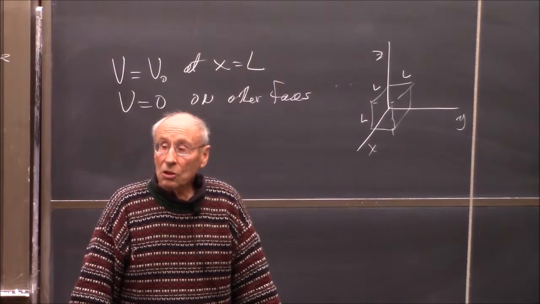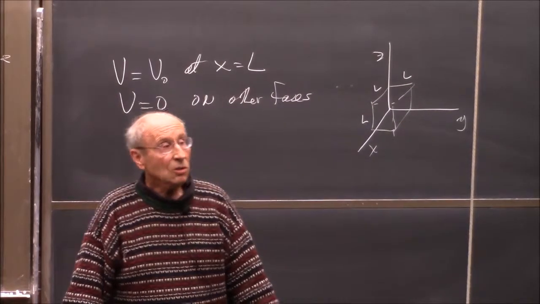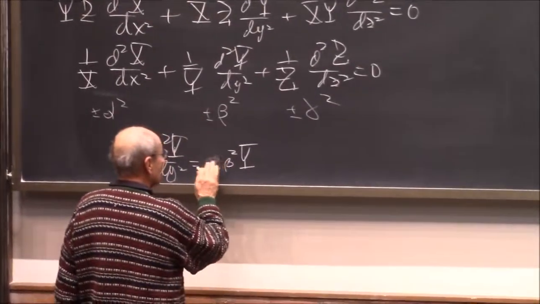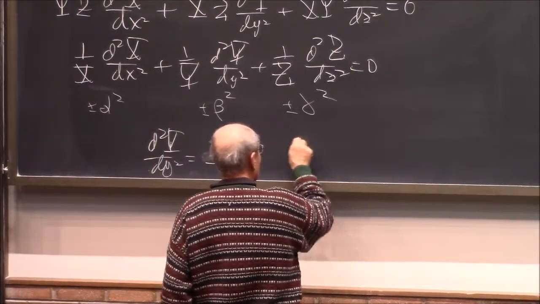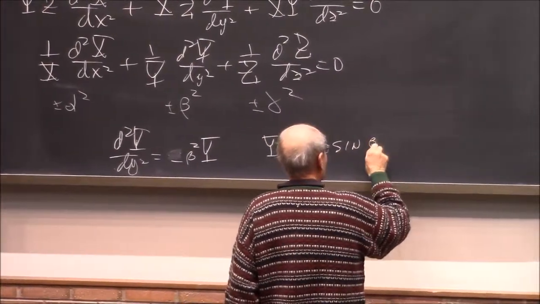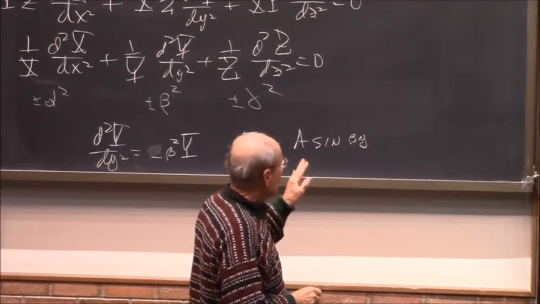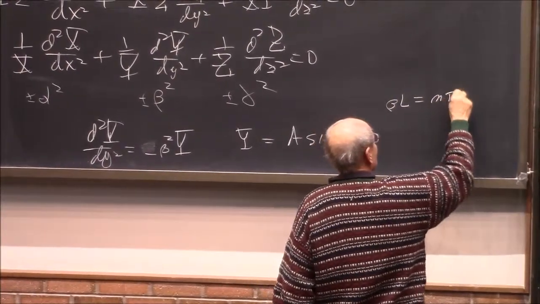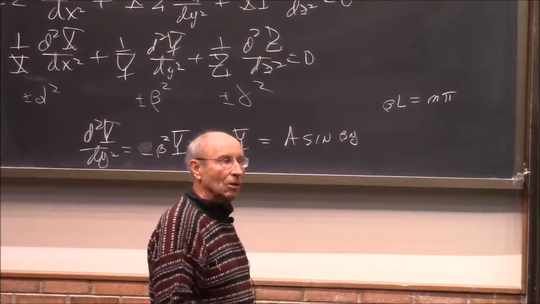And in fact, if you use sines, then the sine of 0 is 0. To make it 0 at the other face, that meant we needed to use the minus sign, so we would get sines and cosines. And we had then a solution that looked like y is some constant times the sine of beta y. And now if we wanted it to be 0 at y equal L, we had to have beta L equal some integer number of pi's, because the sine of 0, pi, 2 pi, 3 pi, 4 pi are all 0.